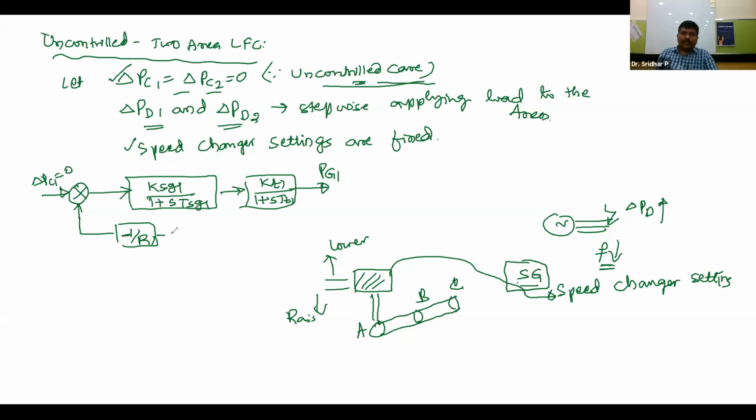The input for this section is delta F1. From this equation, as we know, KSG1 and KT1 can be approximated to 1, and TSG1 and approximately TT1 are close to 0.